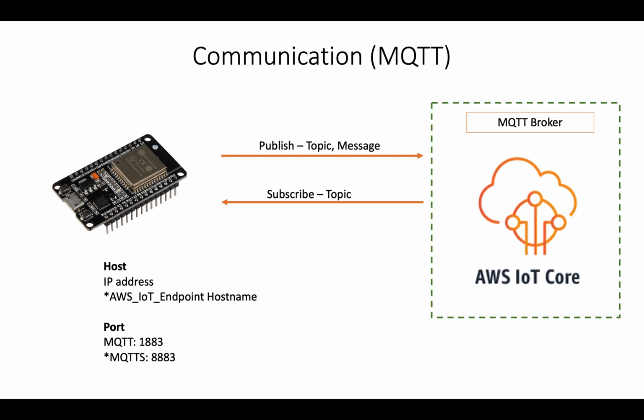The port number for the service running on AWS IoT Core is 8883, because 1883 is the default MQTT port number, and for secure MQTT the port number is 8883. So we will be using the AWS IoT endpoint hostname and the MQTT port number.